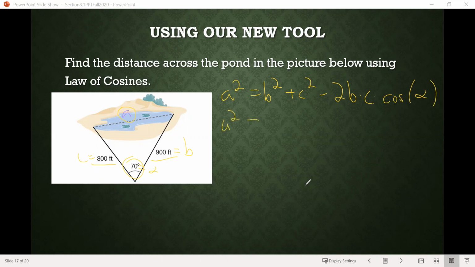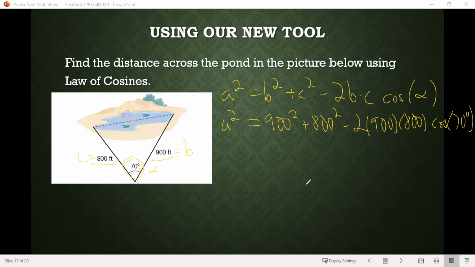Plug in all the information we have. So A squared equals, let's see, 900 squared plus 800 squared minus 2 times 900 times 800 times cosine of 70 degrees. And we work that out. Let's plug all that into the calculator on the right-hand side all together.